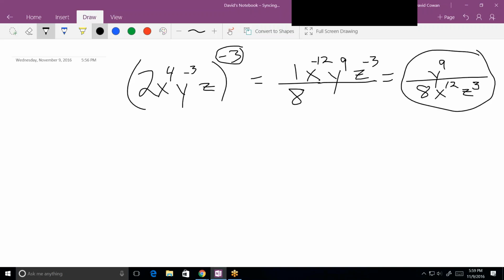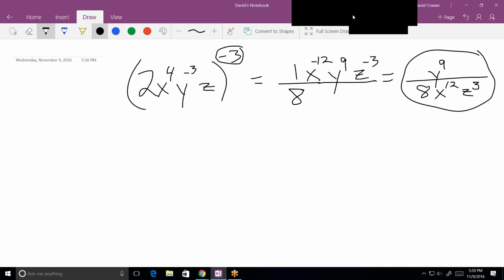There's your answer. Wait, why did you move those down? Well, because typically they don't want negative exponents in answers. I don't know if you were given explicit instructions to have no negatives. Almost every student I've ever had has that instruction, that they want you to give the answer with positive exponents.